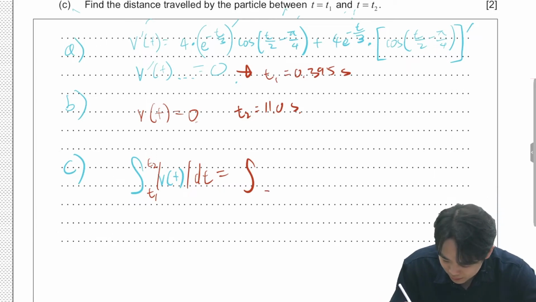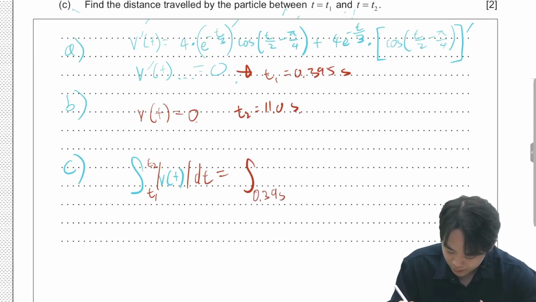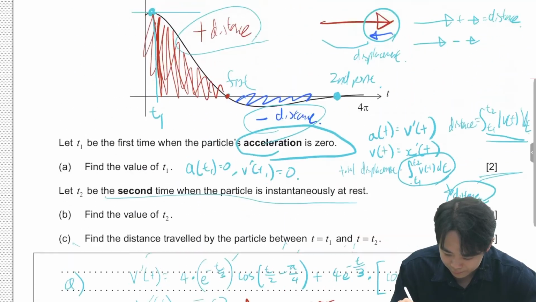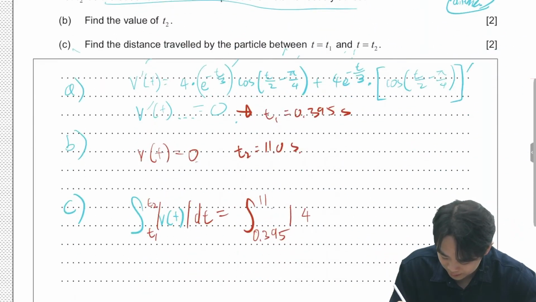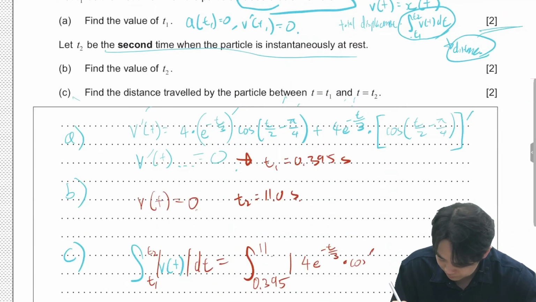Then we integrate from 0.395 until 11, of the absolute value of 4 times e to the minus t over 3 times cosine of t over 2 minus pi over 4.